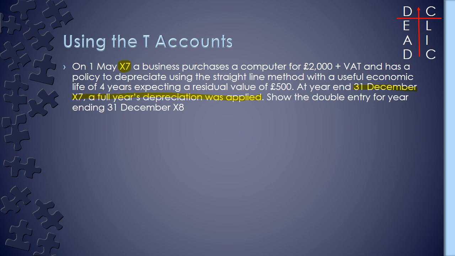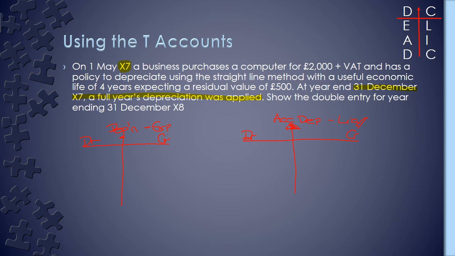And that's important because we know that we're now going to have something already in our accumulated depreciation account. So just to draw the accounts again, our depreciation is our expense account, and we consider this our liability account.